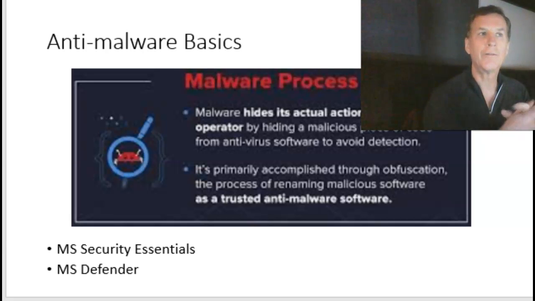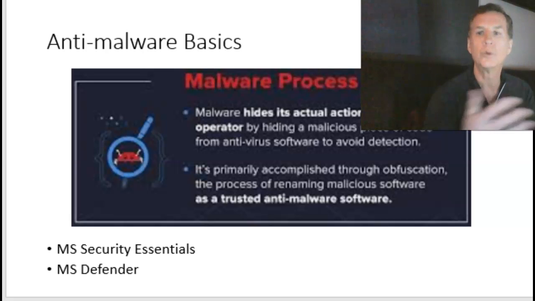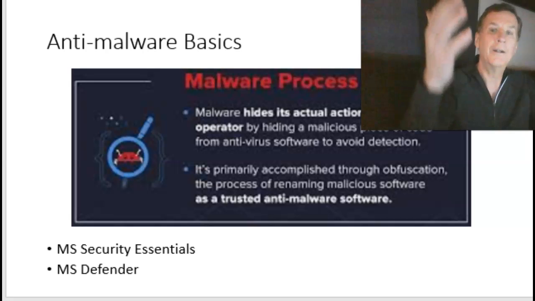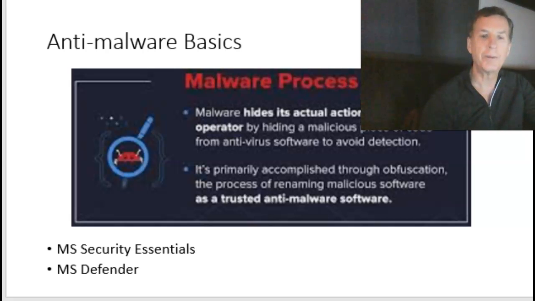Those are looking for patterns, or they call it heuristics, rules of thumb. As a basic anti-malware program, Microsoft has Security Essentials in older versions of Windows. In newer versions of Windows, it uses Windows Defender. It's free, and you can use it to supplement your antivirus needs. Other applications are available as well, Symantec, McAfee, etc.